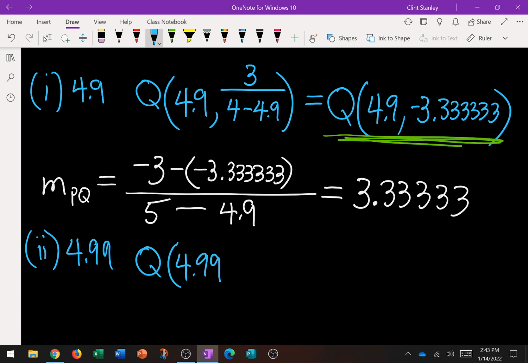This time, instead of plugging 4.9 into our equation, we'll plug in 4.99. 3 divided by, and I'm doing a parenthesis there if you're doing it in a calculator way, 4 minus 4.99. Here our y value of our Q.